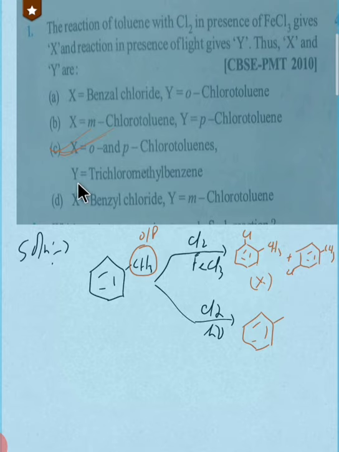So Y must be trichloromethylbenzene. All the hydrogen atoms on the benzyl carbon atom are displaced by chlorine. This will be the structure of Y, with CCl3. So the correct option for the question is C. X is ortho para chlorotoluene and Y is trichloromethylbenzene. Right? Let me go to the next question.